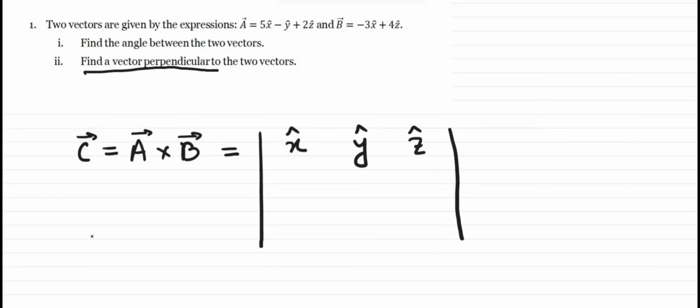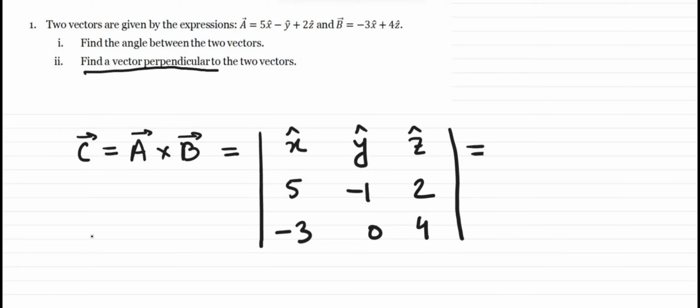Fortunately, it has a nice, well-known structure. In the middle row, we write the components of A, which are 5, negative 1, 2. And in the last row, we have the components of B, so we write negative 3, 0, and 4.